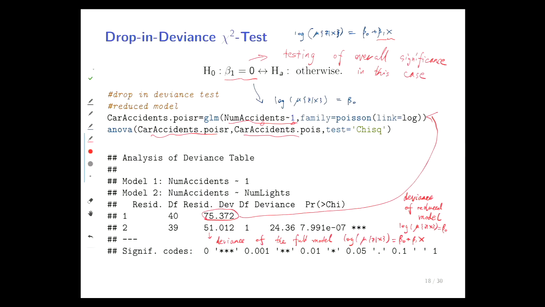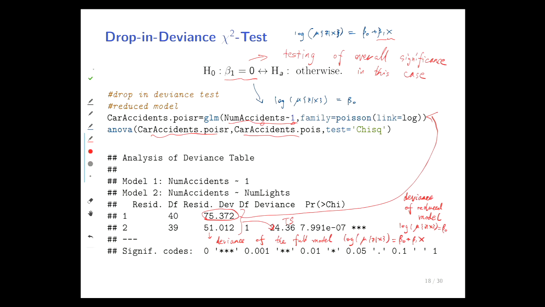And the next step is just to obtain the difference. The difference here is our test statistic. And by using the test statistic, we can compute the p-value. Here the p-value is smaller than 0.05, so we should reject the null hypothesis. That means x, the number of traffic lights in each county, is actually useful in explaining the number of car accidents.